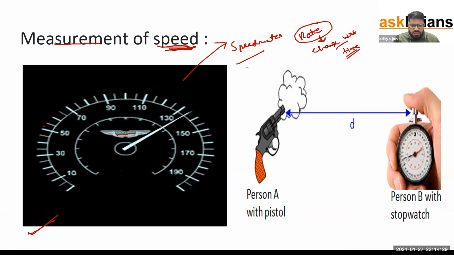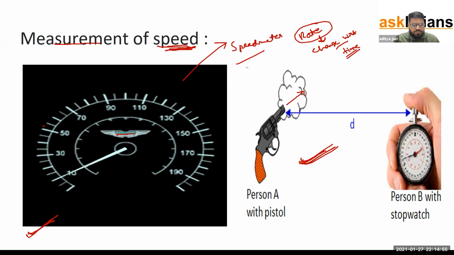Okay. So this is the speedometer which is showing speed, and the image on the right. What is this setup called? You have seen that setup in the Olympics, where there is some race, 100-meter race, 200-meter race. So what does the referee do? A person at the starting point pulls the trigger and the gun goes off. This is the signal of the race starting.